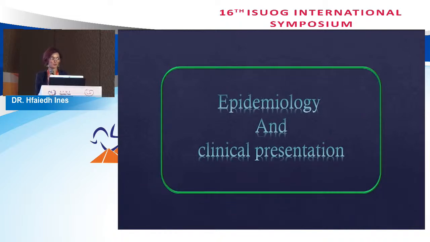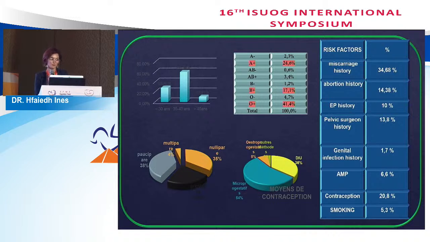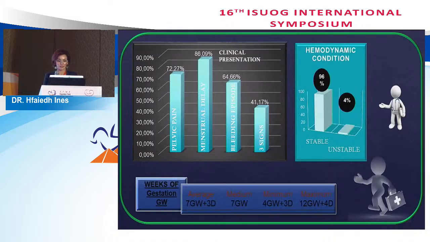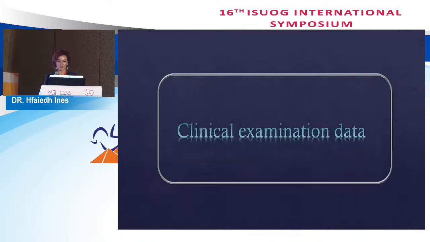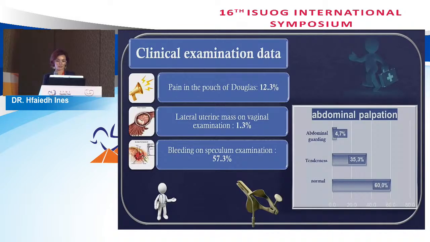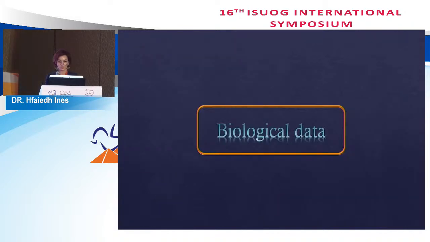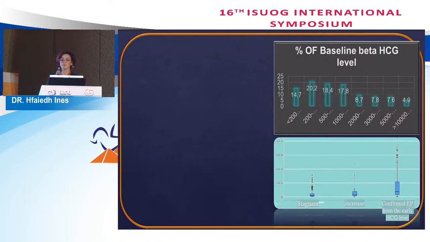We consulted our data, epidemiology, and the clinical presentation: age, parity, gesticity, the risk factors of ectopic pregnancy, contraception methods, clinical presentation, clinical examination data, and the biological data.